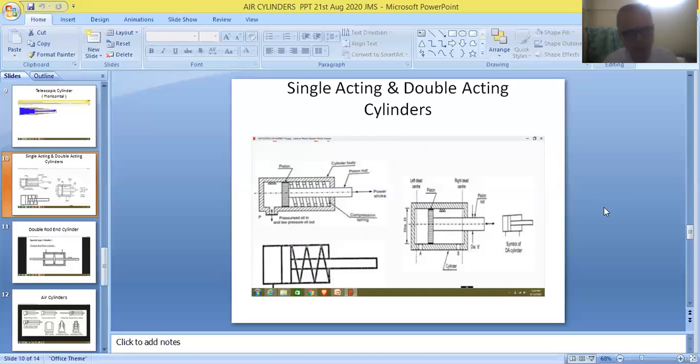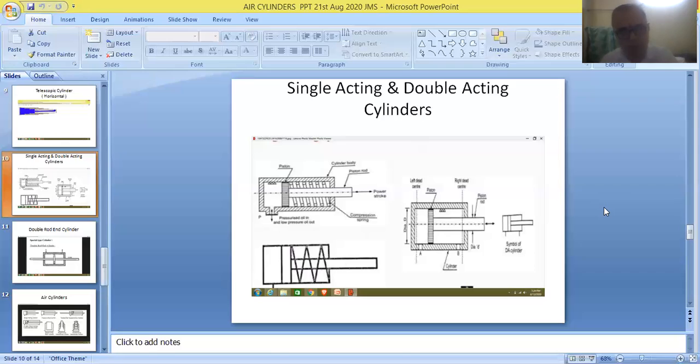Four-way and five-way DC valves have two outlet ports, and are only suitable for controlling double acting cylinders. Here, two-way and three-way valves have only one outlet port that will be connected to the single port of the cylinder.